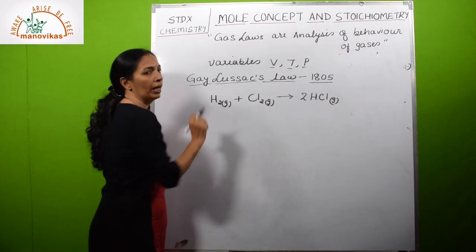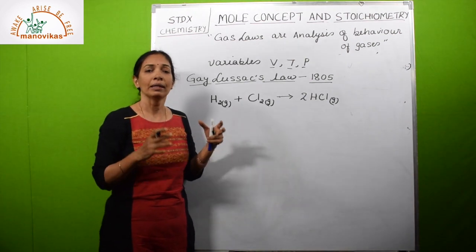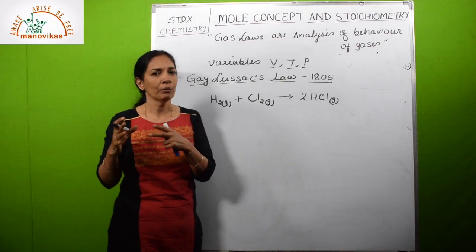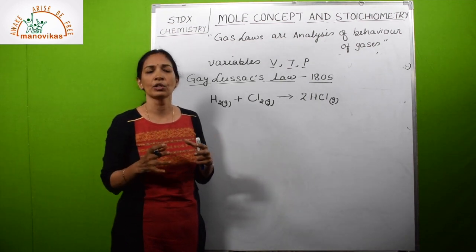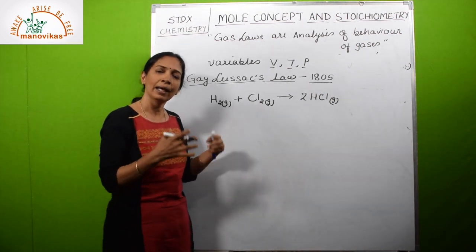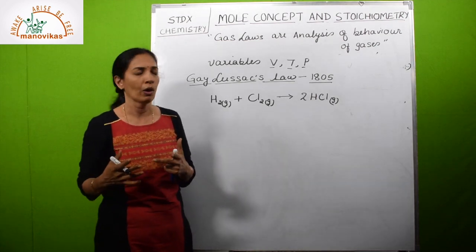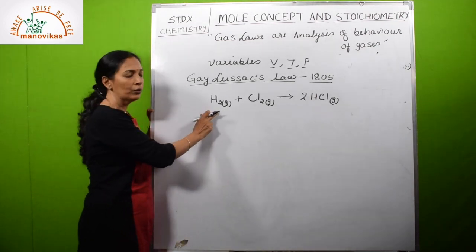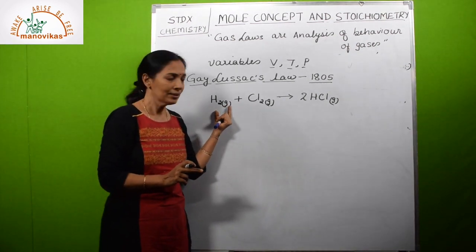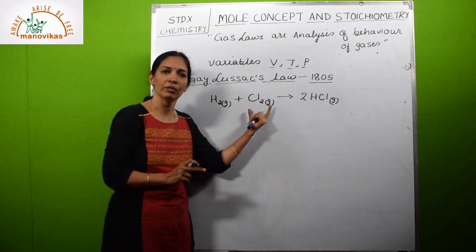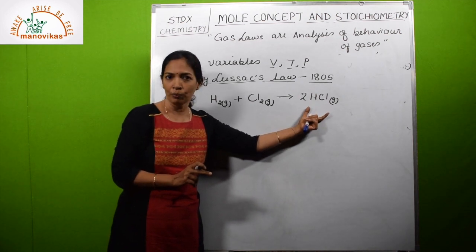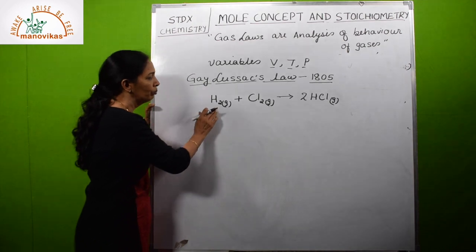In 1805, Gay-Lussac found a relationship between the reacting gases and their products under similar conditions of temperature and pressure. So let us see one example and then we learn what Gay-Lussac's law actually is. Let us suppose hydrogen gas is combining with chlorine gas. Hydrogen is a gas which is combining with chlorine, which is also a gas, and hydrogen chloride gas is formed. Now look at the molecules here.